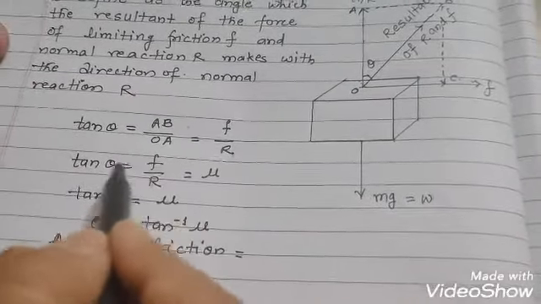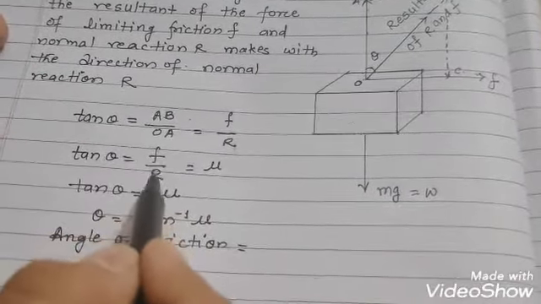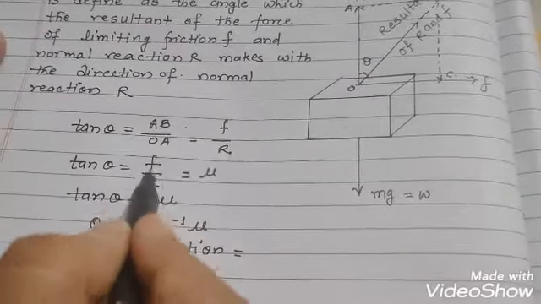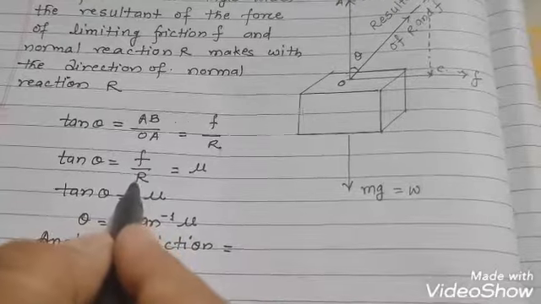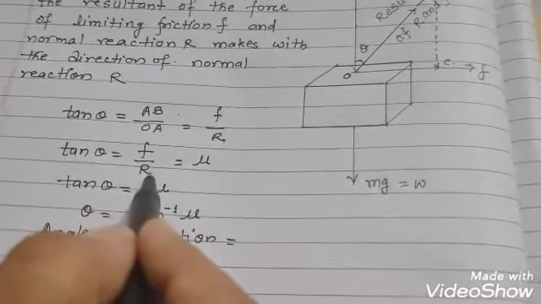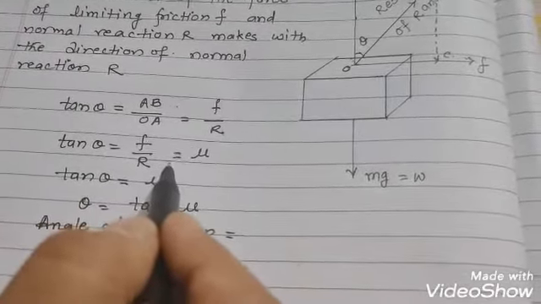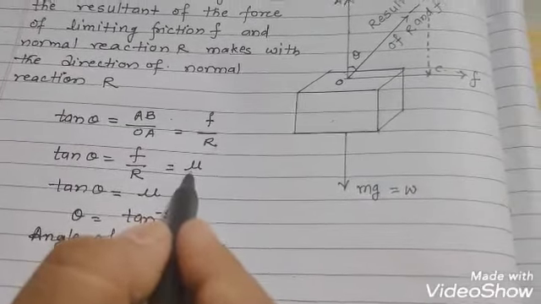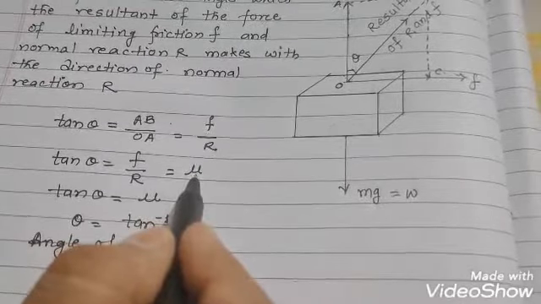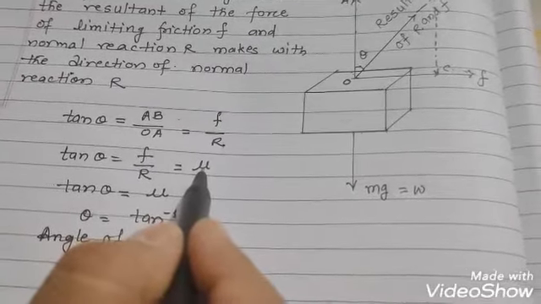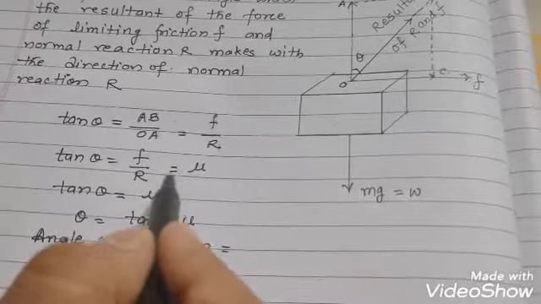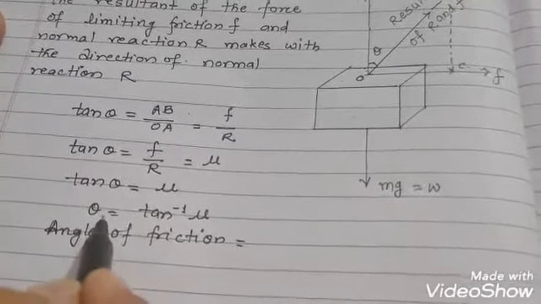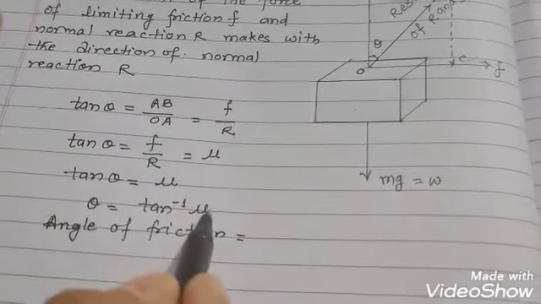Now, we know that this ratio F upon R, of the force of limiting friction and the normal reaction, is always a constant quantity, and it is called the coefficient of limiting friction, which is represented with the letter mu. So tan theta is equal to mu, or theta is equal to tan inverse mu.